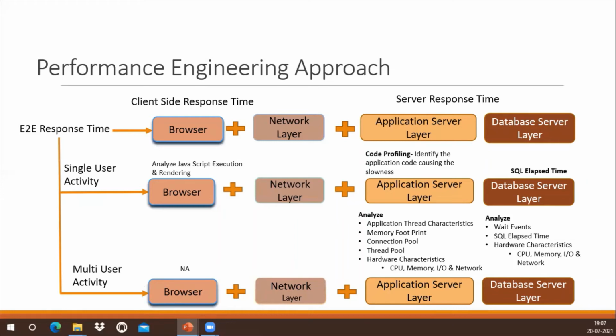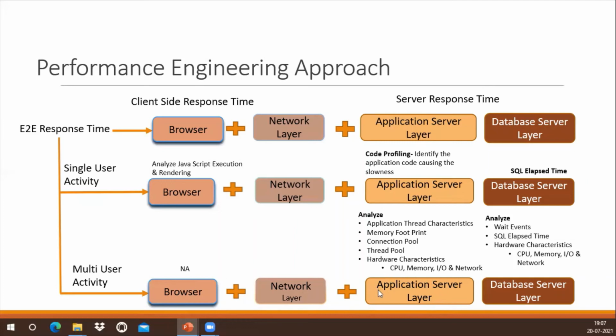If two users are accessing an application, then the activity that happens in user one's browser is independent of browser two. Though it is almost independent, there are some applications where we make a call to the database from the client side. There are such cases, but they are very rare. Most of the time this part can be ignored.